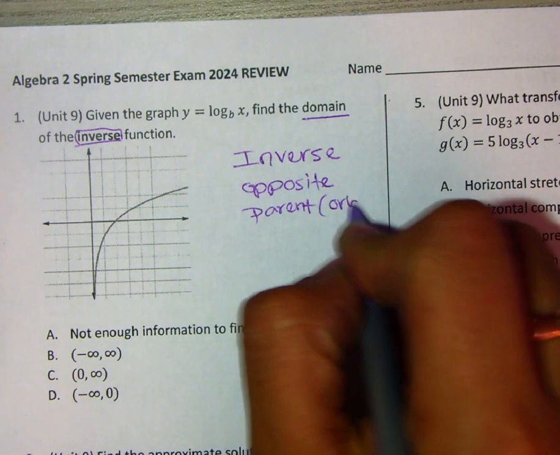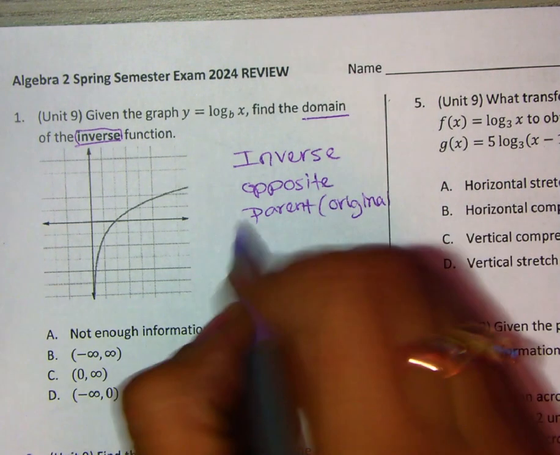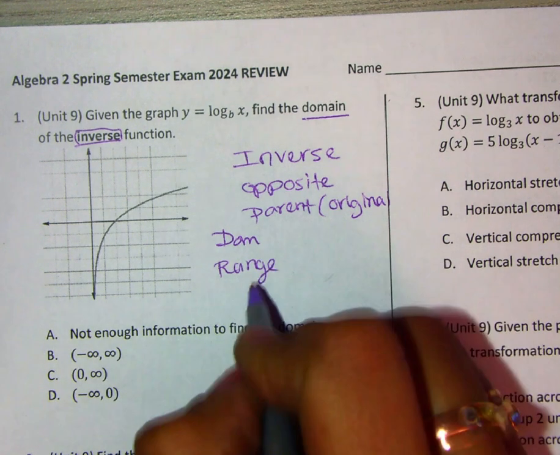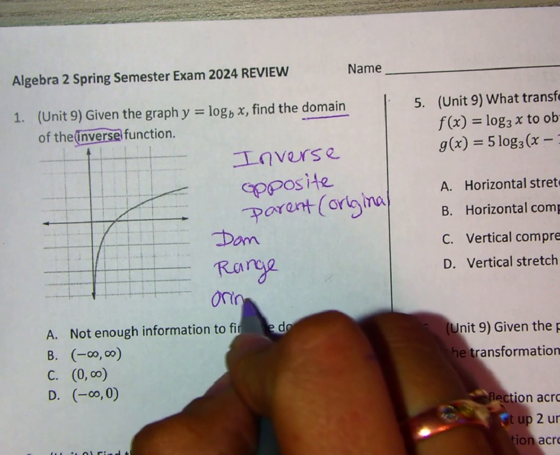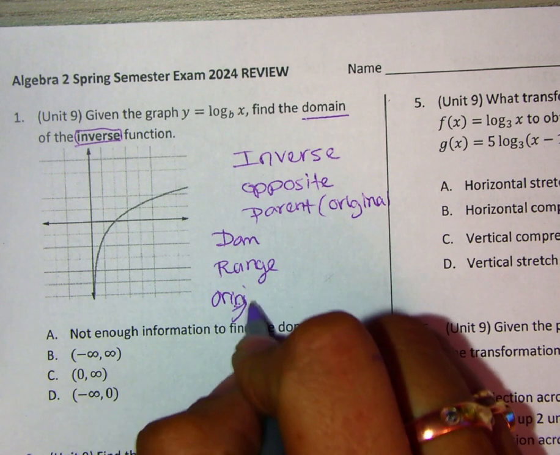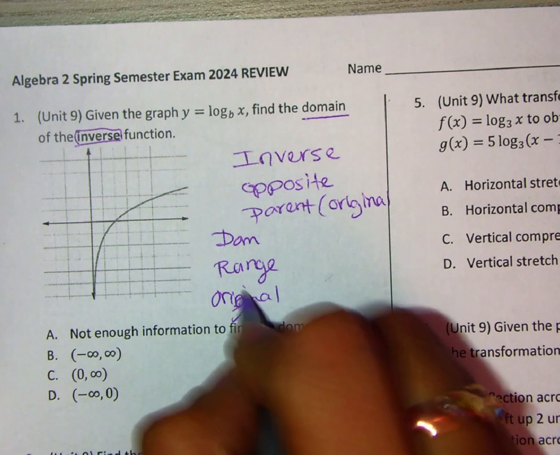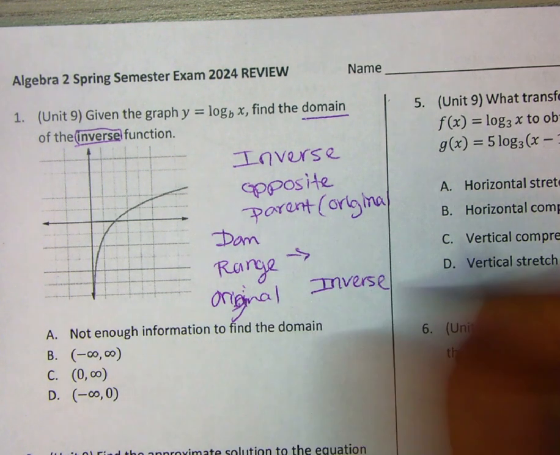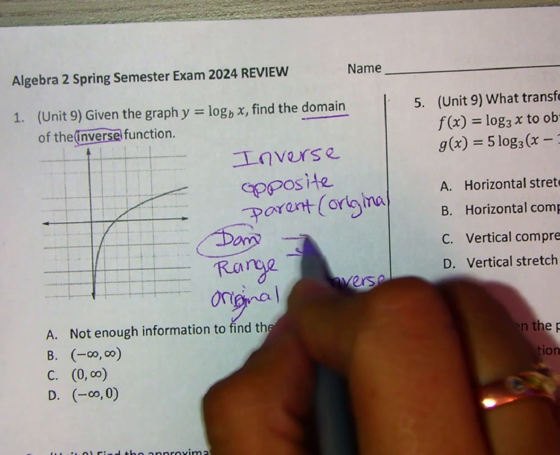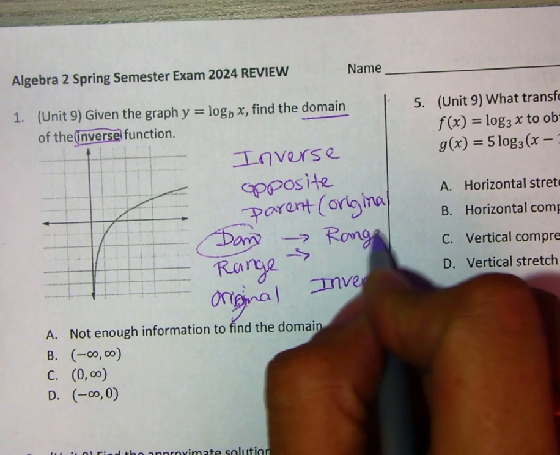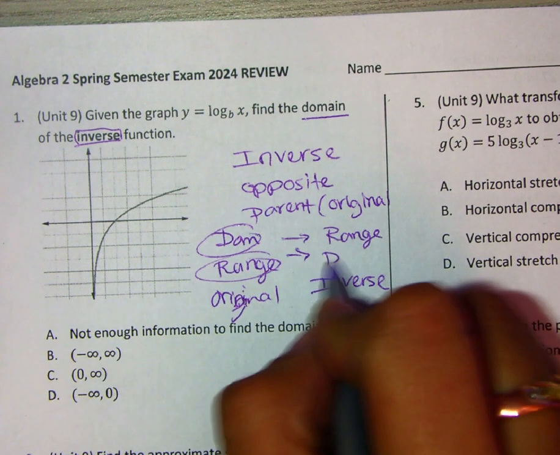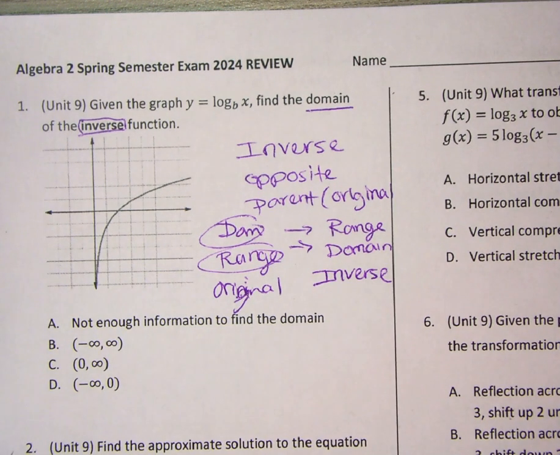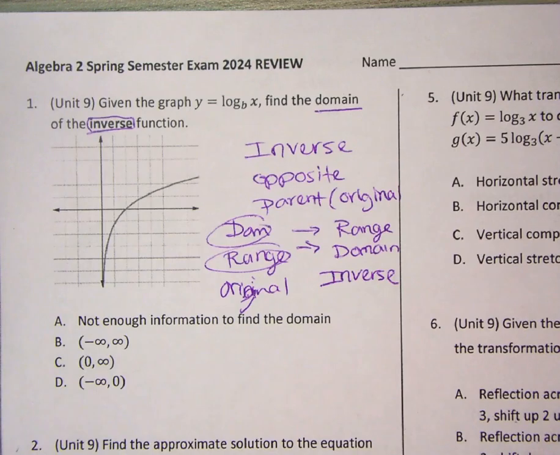And by opposite, I mean if you have the domain and range for the original, the inverse will be opposite. So the domain is actually going to be the range of the inverse, and the range is the domain of the inverse.